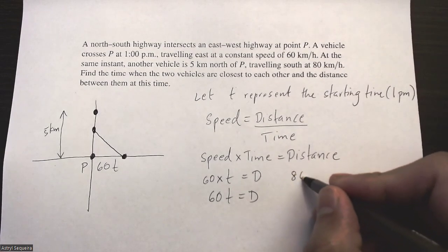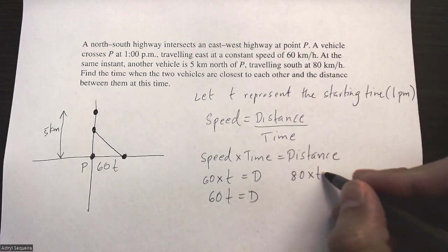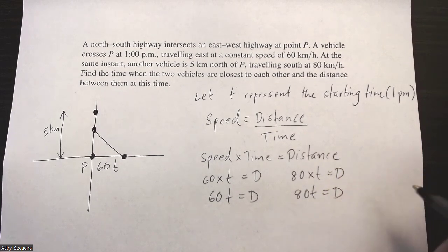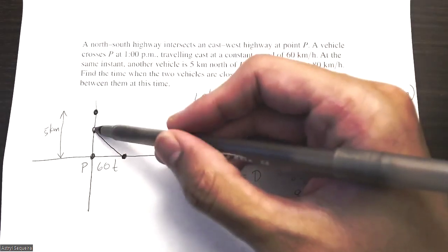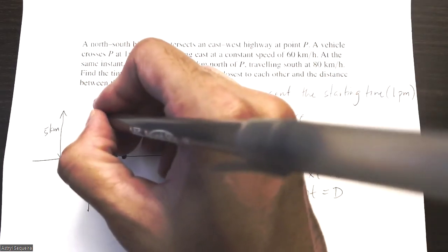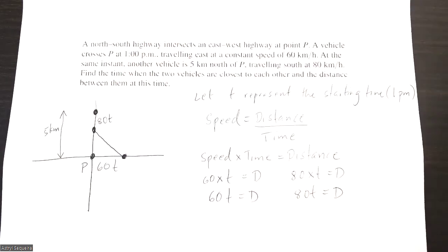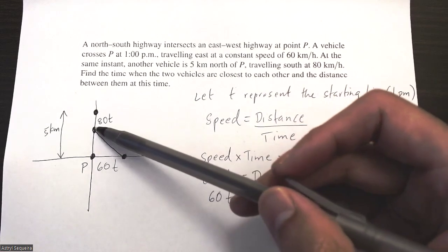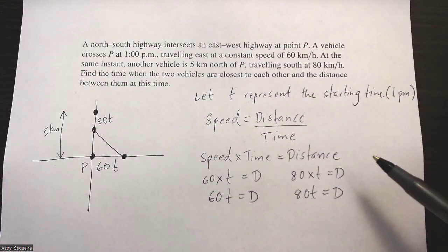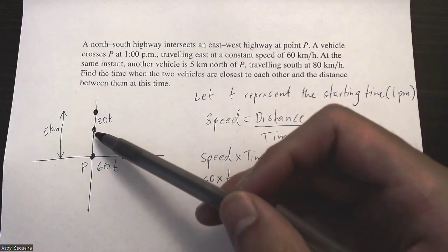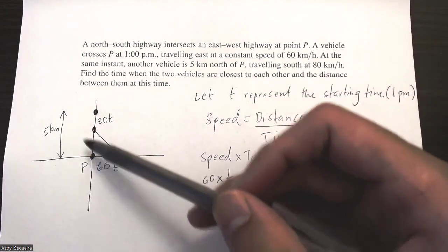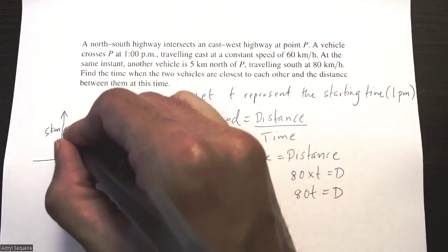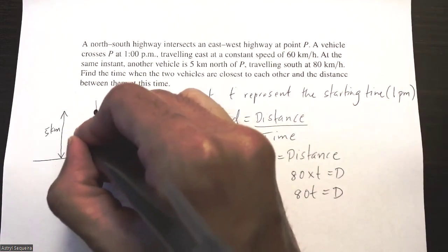So using the same formula, 80 times t is my distance, 80t. So this distance over here is 80t because the car travels from here to here from 1 p.m. till some amount of time. Now, this distance over here is simply 5 minus 80t.